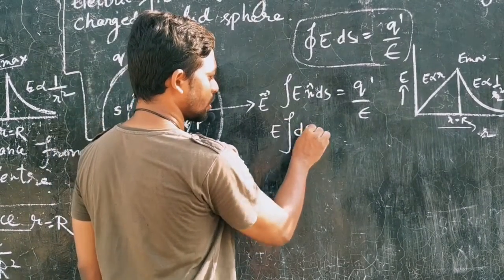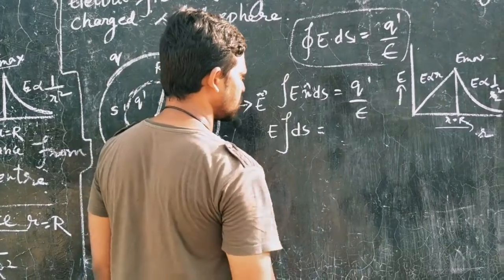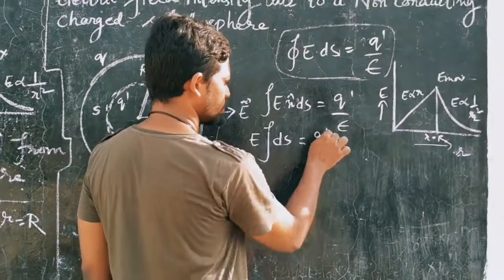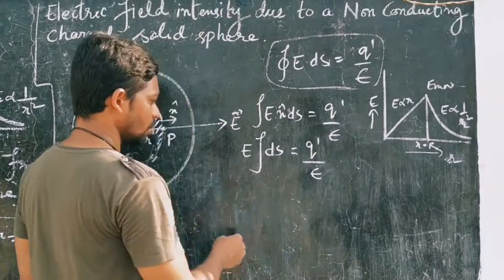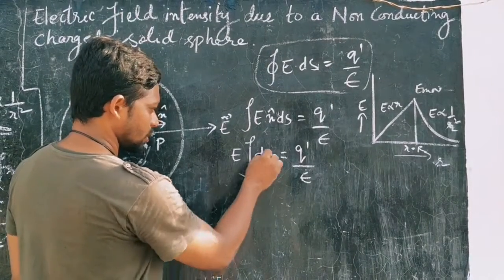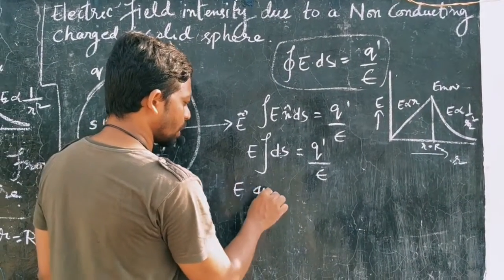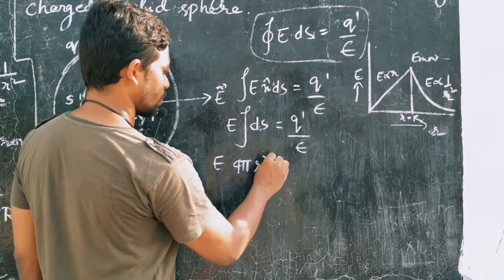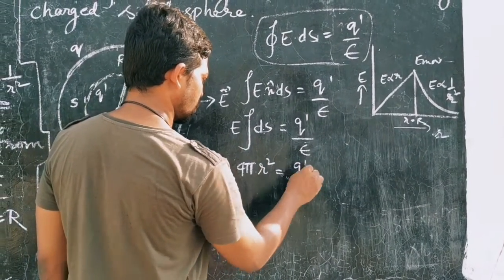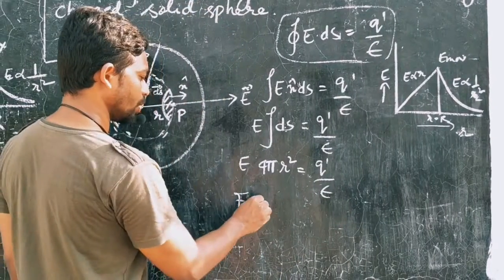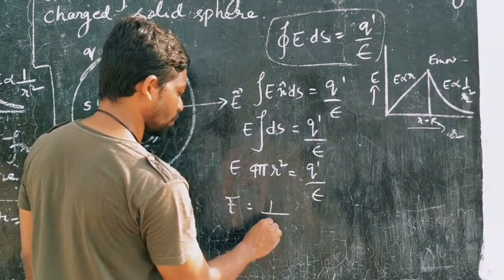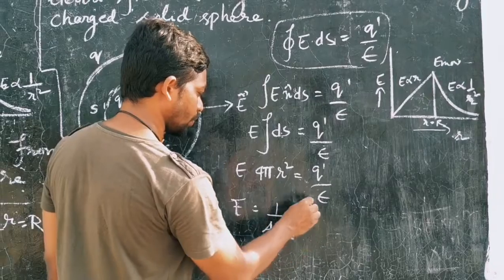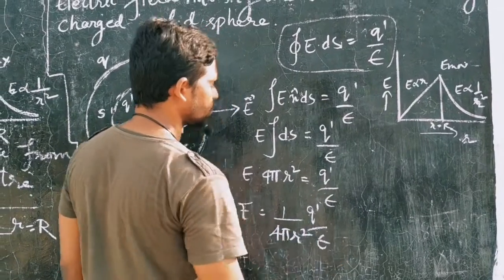Integral dS is nothing but 4 pi r square. So E value becomes 1 by 4 pi r square times Q dash by epsilon.